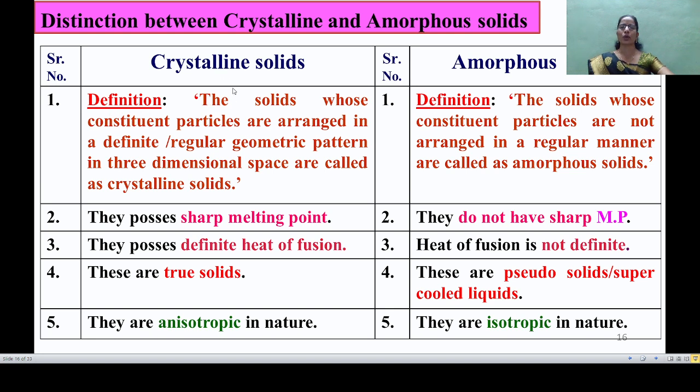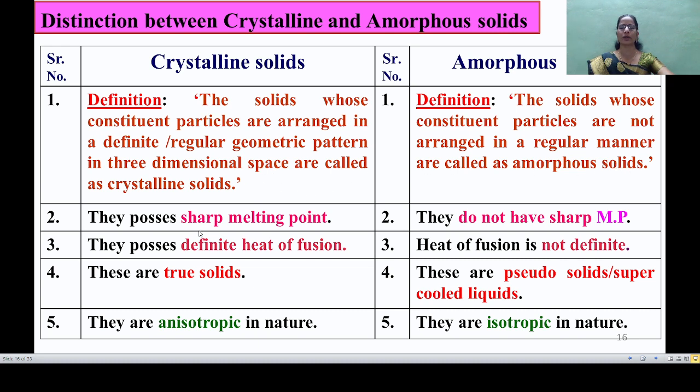The solids whose constituent particles are arranged in a definite or regular geometric pattern in three-dimensional space are called crystalline solids, while the solids whose constituent particles are not arranged in a regular manner are called amorphous solids.